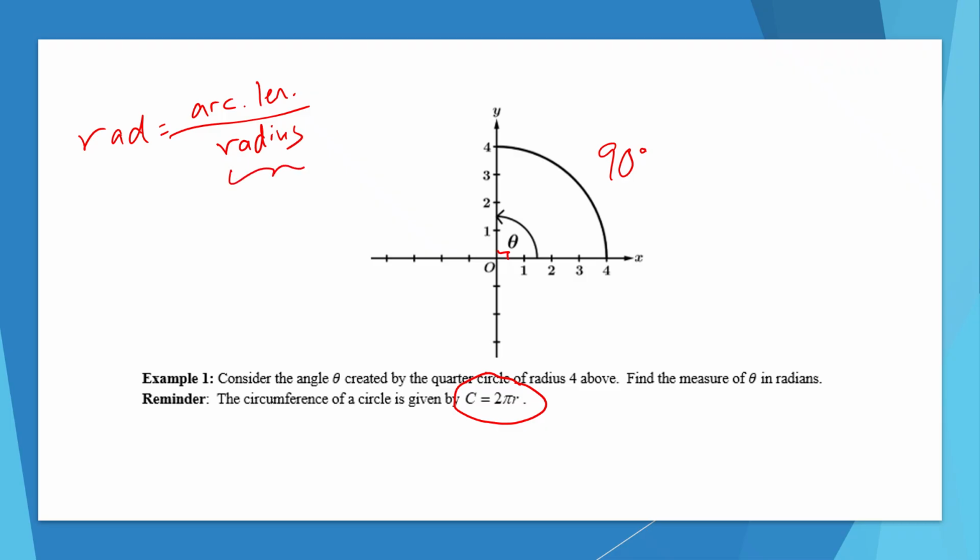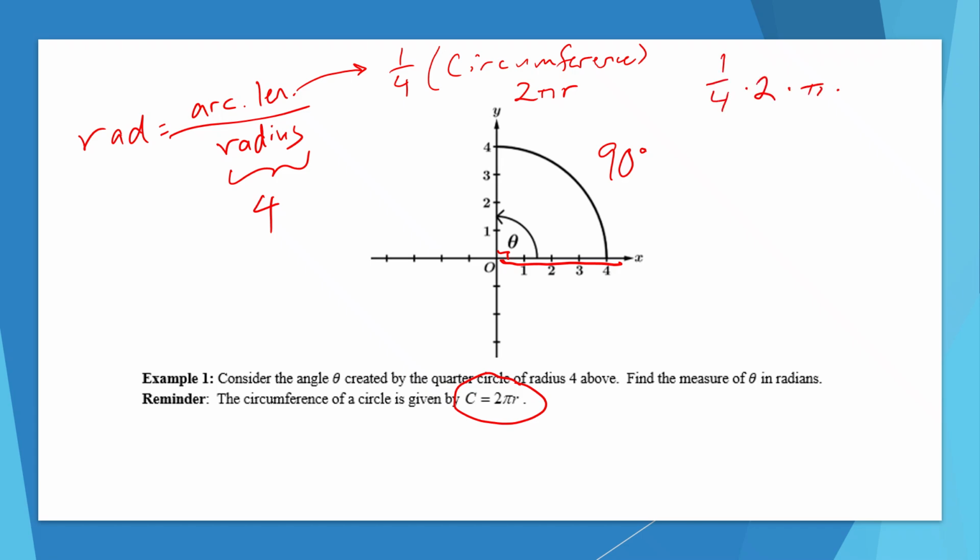Obviously, the radius in this case is going to be 4. So that's not hard to find. Let's find the arc length. What we want to do is do 1/4, because it's only a quarter circle, times the circumference, which is 2 pi r. So here we would do 1/4 times 2 times pi times our radius, which is 4.